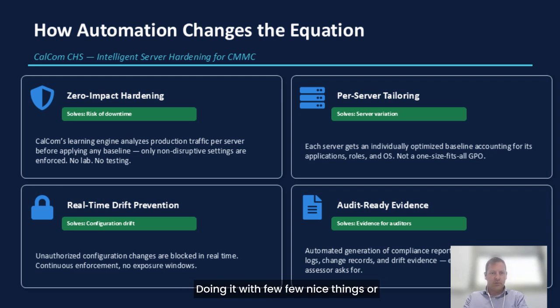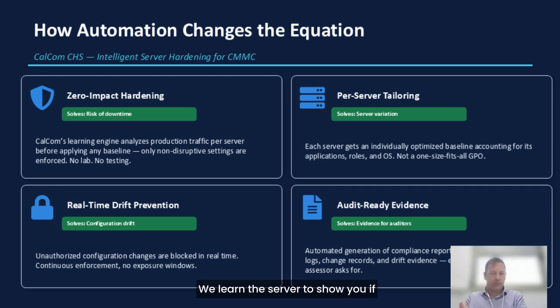few nice things or even critical topics that can really change the outcome of this project. And the first and most important thing is our ability to learn and provide zero impact hardening. So what we will do here at Calcom, instead of your sysadmins going and testing, we are going straight into your production environment.